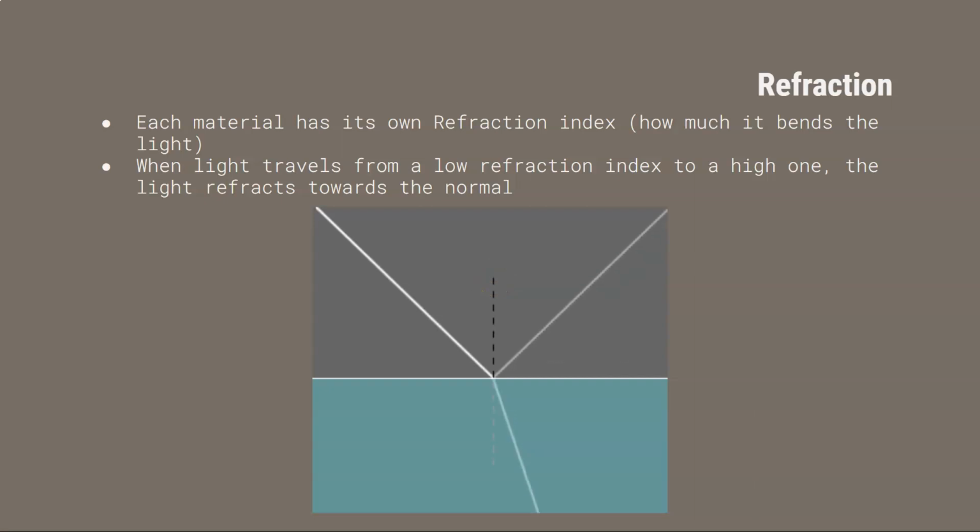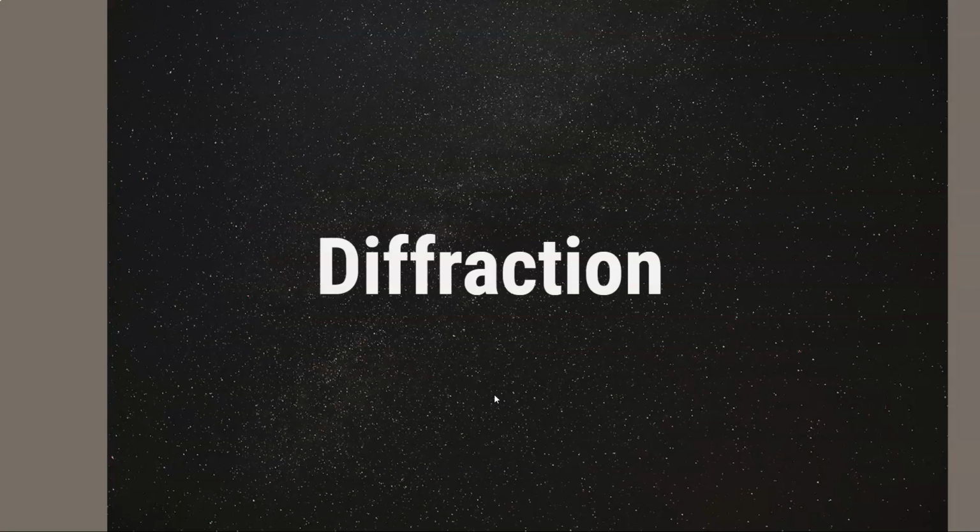When light travels from a low refractive index, meaning something like air, which is less dense, and moves into water, which has a higher refractive index because it's more dense, the light bends towards that normal, that line that we created with reflection. You can see here it's coming in and moving from air to water. Water is more dense, so it bends towards that center line, and that is called refraction.